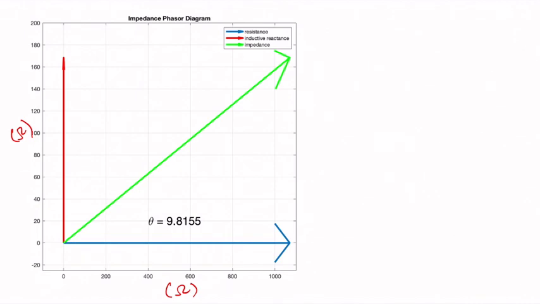We see that Z has a real component of about 1080 ohms, and here the imaginary value is about 187 ohms. The magnitude of Z can easily be computed to be about 1100 ohms.